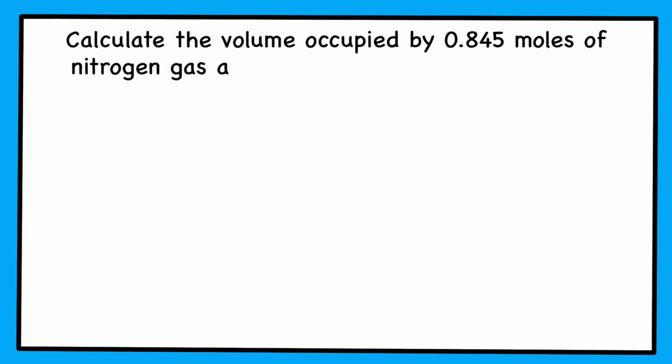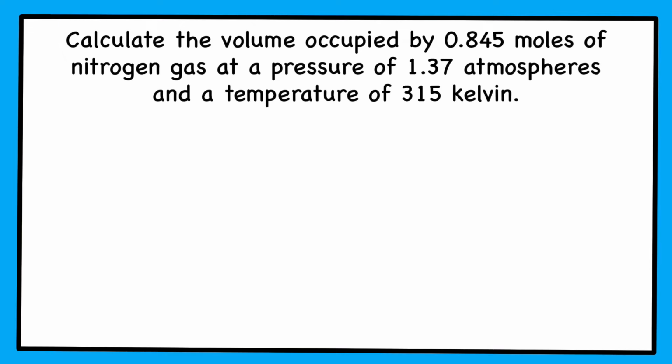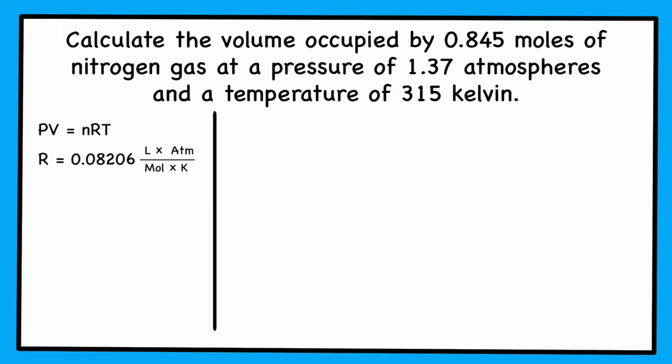Here's the problem. Calculate the volume occupied by 0.845 moles of nitrogen gas at a pressure of 1.37 atmospheres and a temperature of 315 degrees Kelvin. I would first start working this problem by writing out my initial gas law equation, so PV equals nRT. After that, I would write out all my knowns, so R is a constant, so I would write down 0.08206 liter atmospheres per mole Kelvin.